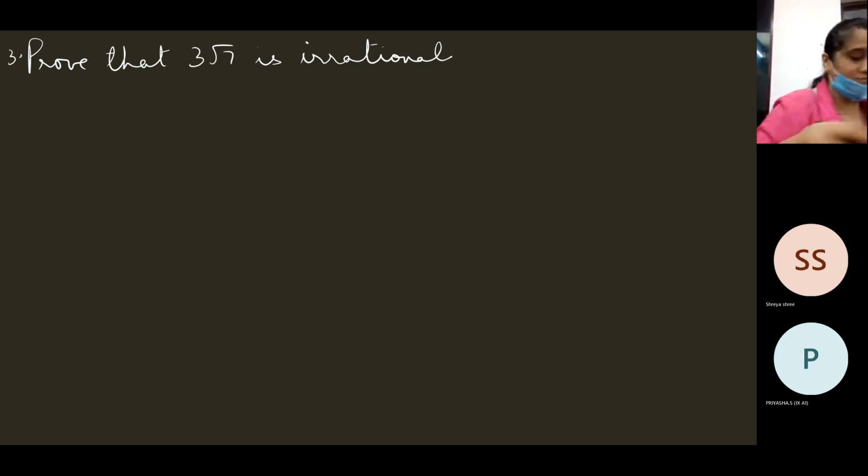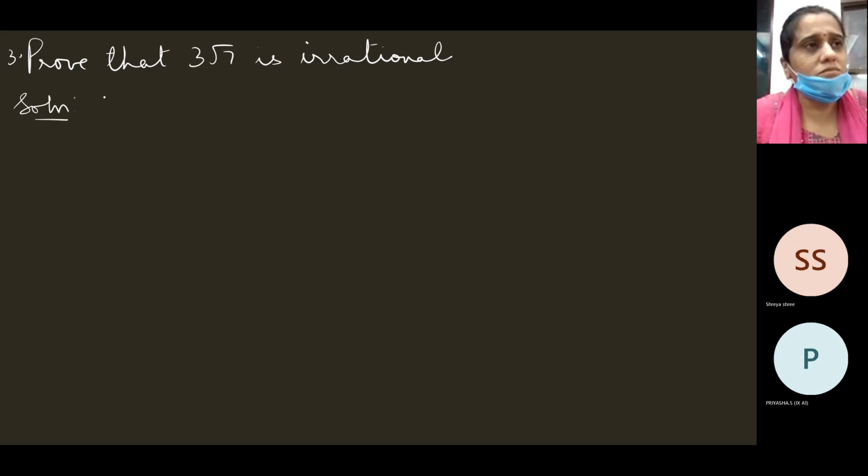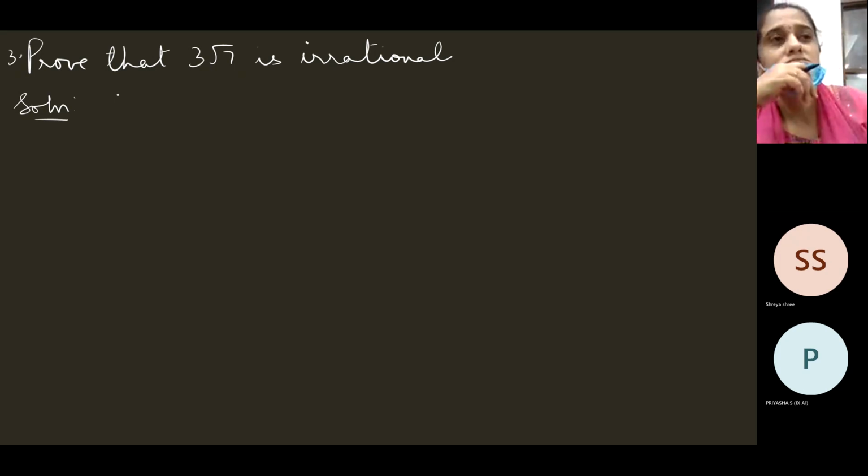Irrational is not equal to rational. So how do we do this? Read out your answer. If P is a prime number, root of P is irrational. This context is substitution.